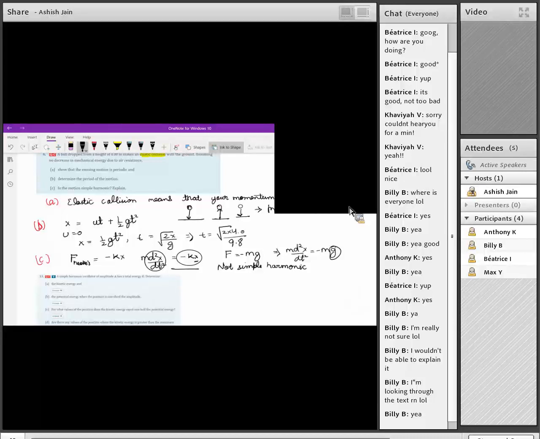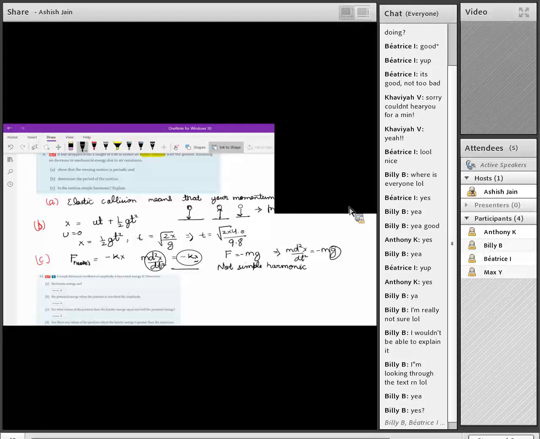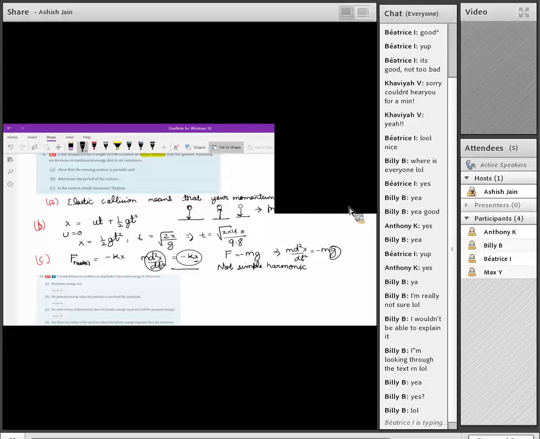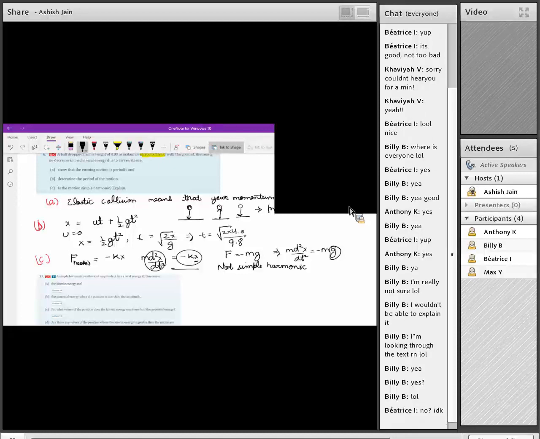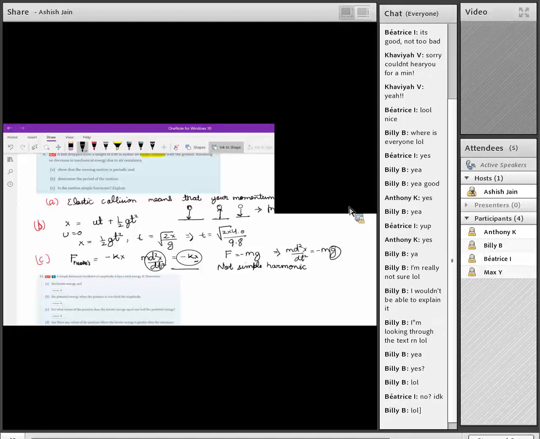If the collision was inelastic, would it be simple harmonic? No is the right answer.